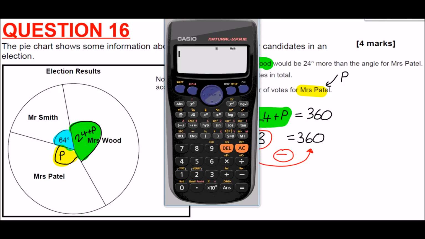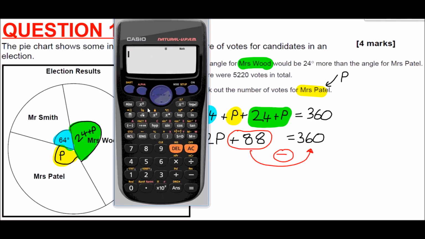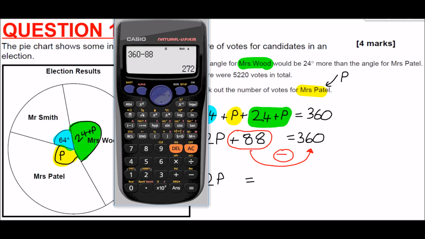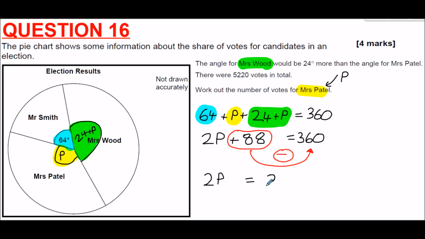And so on the other side, what it'll be is 360 minus 88, which is 272. And so that says that 2P, 2 lots of the angle for Mrs. Patel, would be 272. So we can work out the angle for Mrs. Patel by dividing both sides by 2.